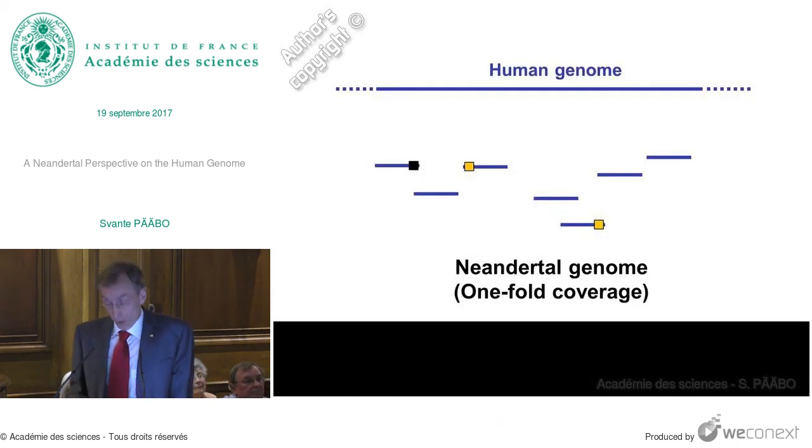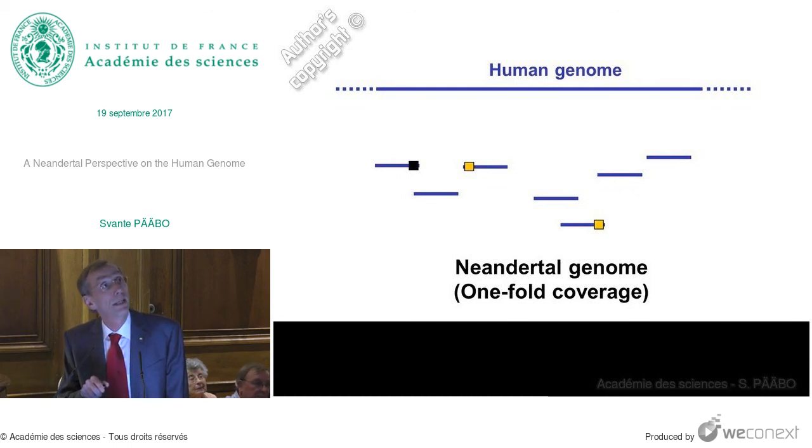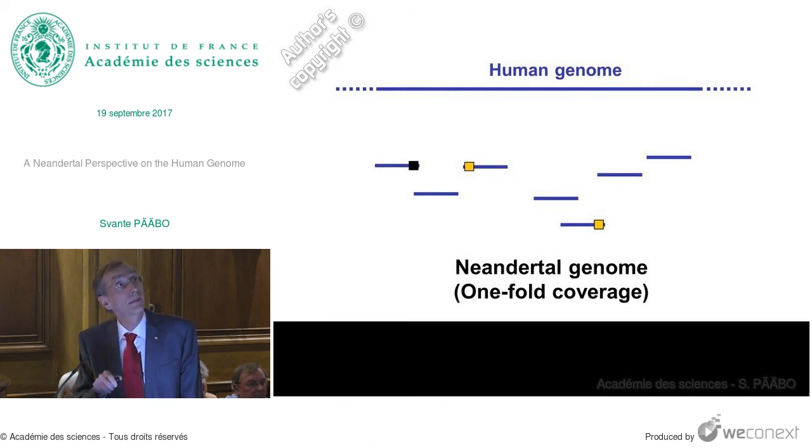So you have these short fragments of DNA that you have extracted, degraded over tens of thousands of years to short pieces. They contain chemical modifications that cause incorrect DNA sequences to be determined, particularly towards the ends of the molecules. So what you then do is map these sequences to the human genome, taking these patterns of errors into account, and reconstruct a longer part of the Neanderthal genome.